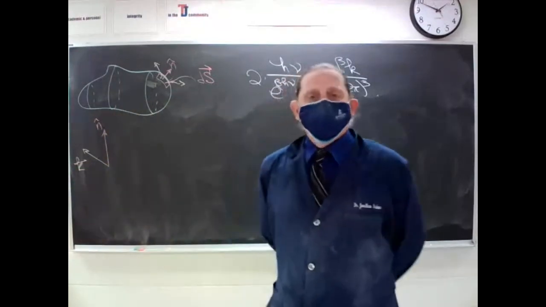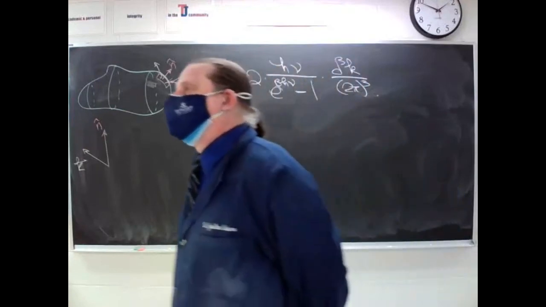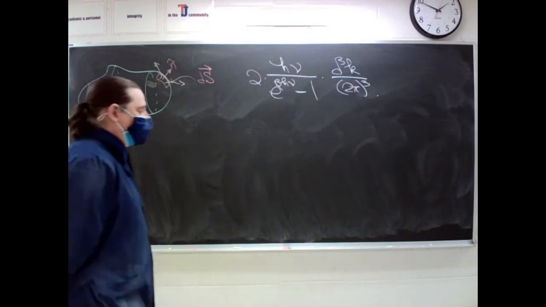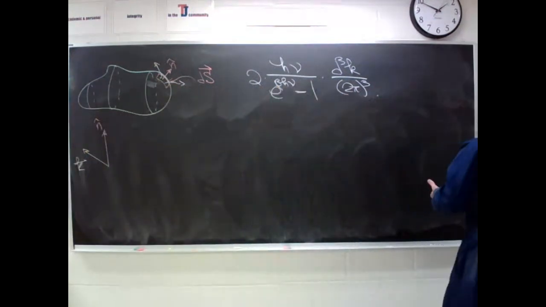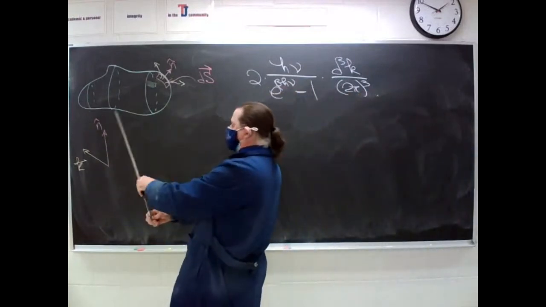It doesn't matter what its i hat and j hat components are. We say that there's an azimuthal symmetry about the n hat direction. That doesn't matter.